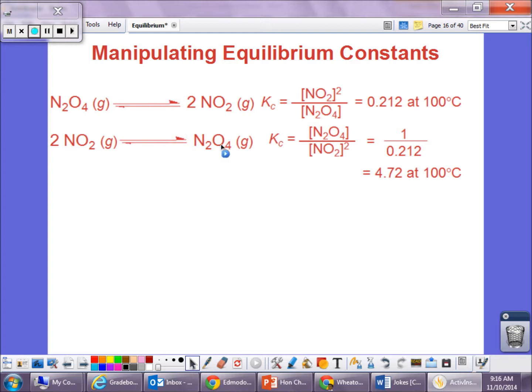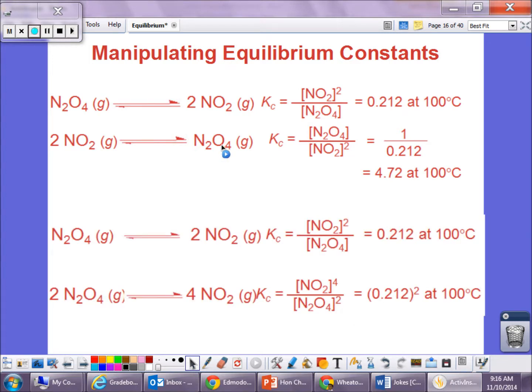Okay, let's see if we have more. Now look at this. This is the forward reaction. K equal NO2 squared over N2O4. But what happened? If you take that equation, you double it. We have doubled that reactant, you have doubled the product. Now the K for that doubled equation is NO2 to the fourth over N2O4 squared.